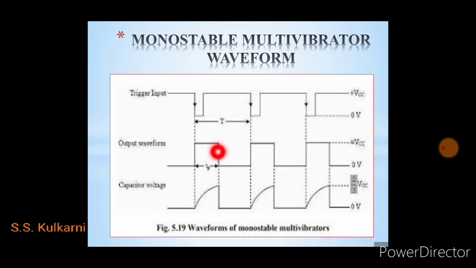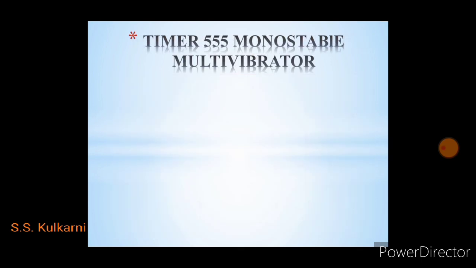Now when the voltage exceeds 2/3 VCC, the output of the 555 timer becomes low, and during this time capacitor will be discharged. That means it requires triggering to change its state from 1 to 0, high to low. Hence it is known as monostable multivibrator.